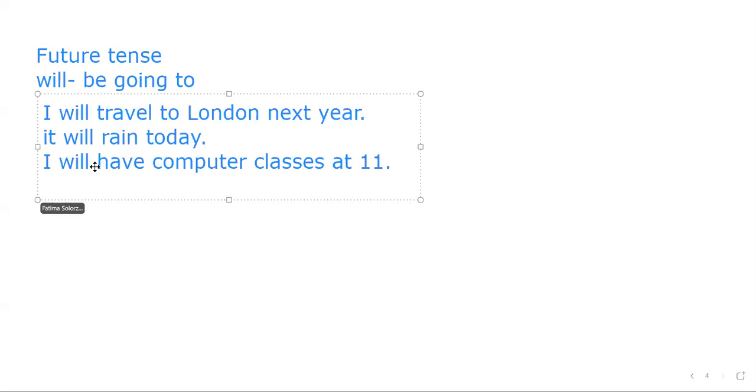So this is used when you want to talk about plans that you have for the future. Okay, for example, look at here. We use be going to. Remember that the verb to be has 3 different forms in present, okay?